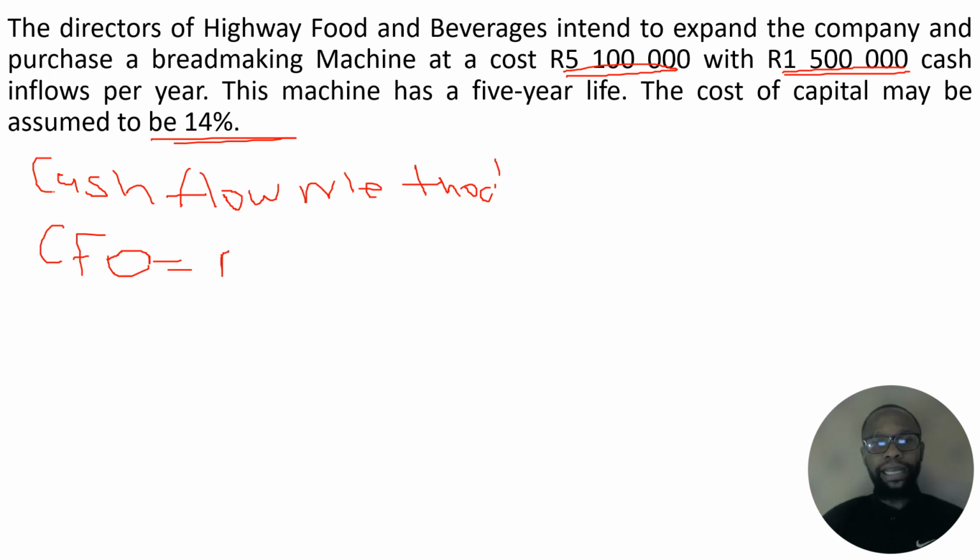So we incurred 5,100,000. This 5 million we incurred is the money that is coming out, so it needs to be shown in brackets.